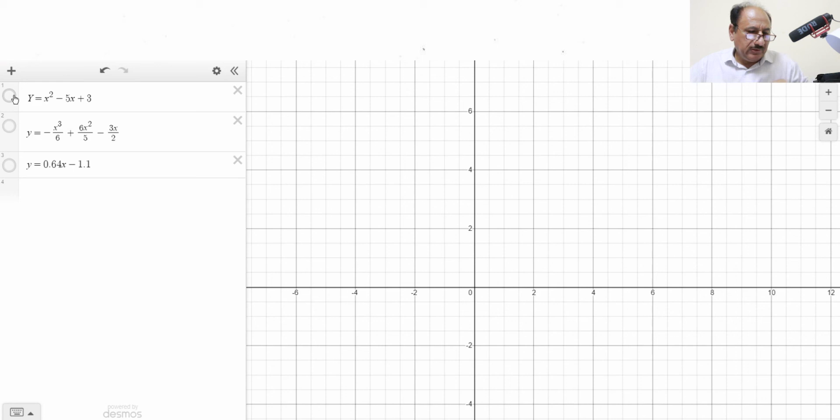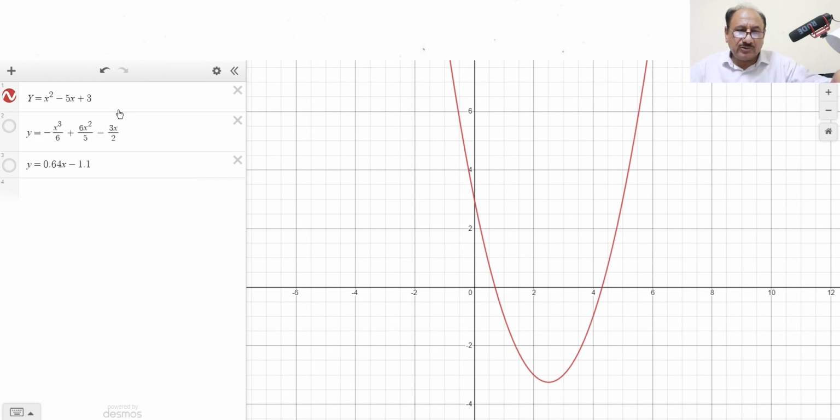If we draw the graph, which is the quadratic graph x square minus 5x plus 3, this is the graph which they have provided us as a plotted graph.